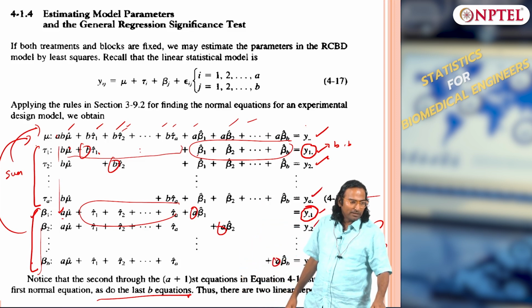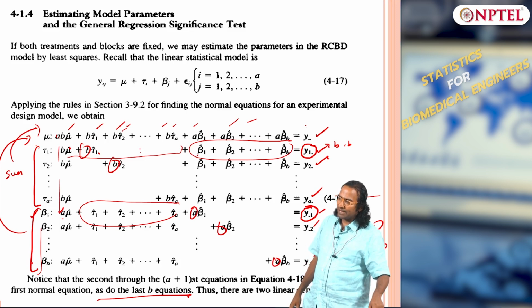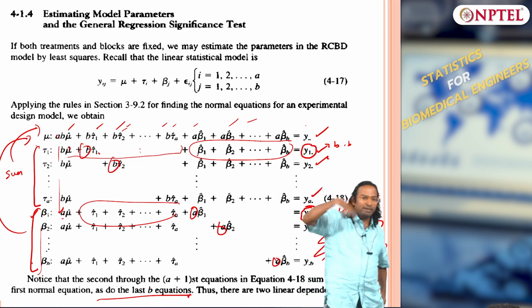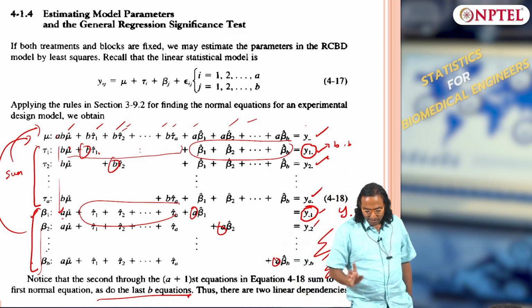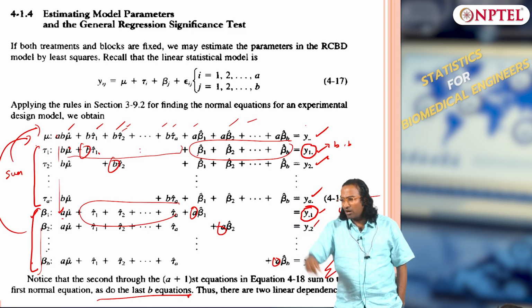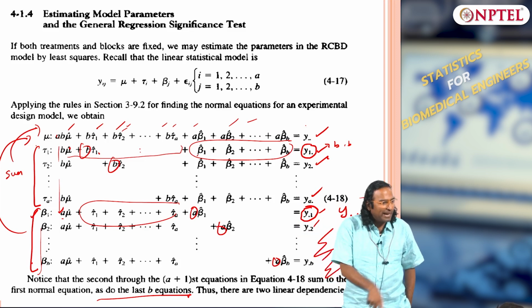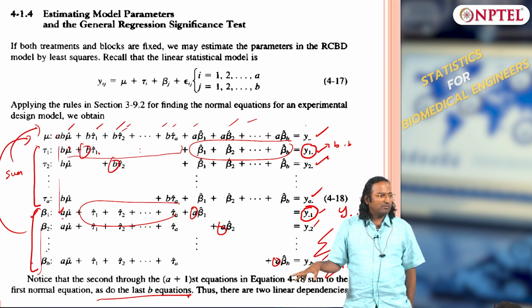Tau 1 hat will be present B times, tau 2 hat also B times, and the betas will be present A times, that is what we have, okay.